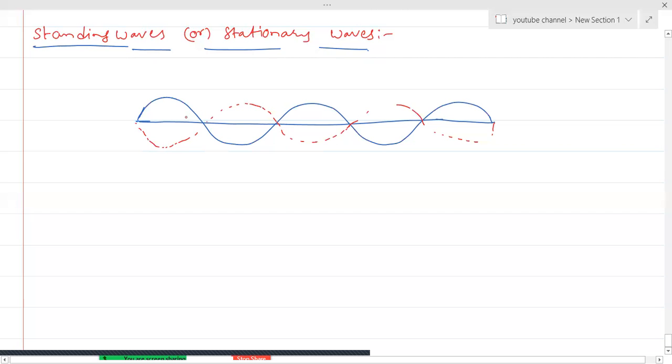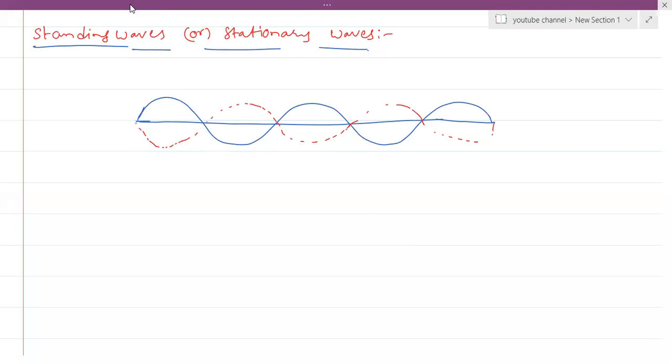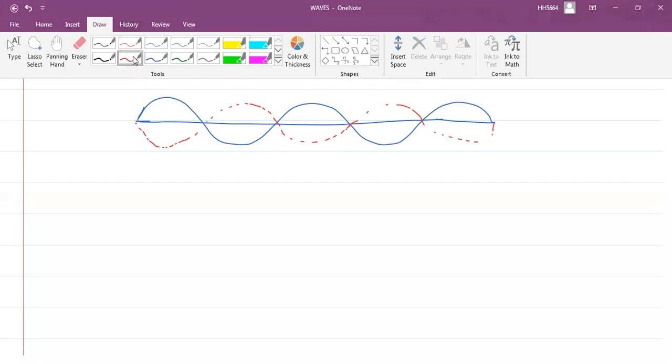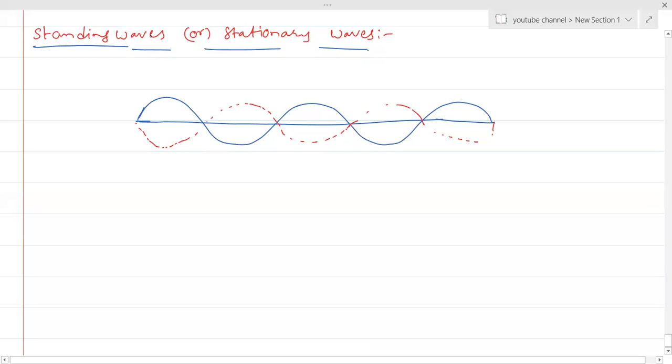The reflected wave will be superposed on the incident wave. So finally we are getting a standing wave.